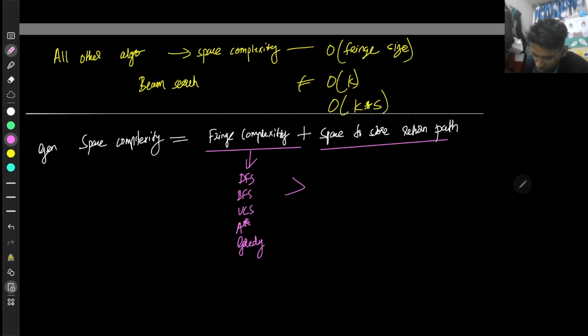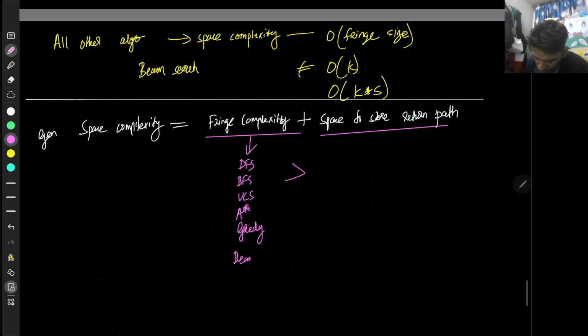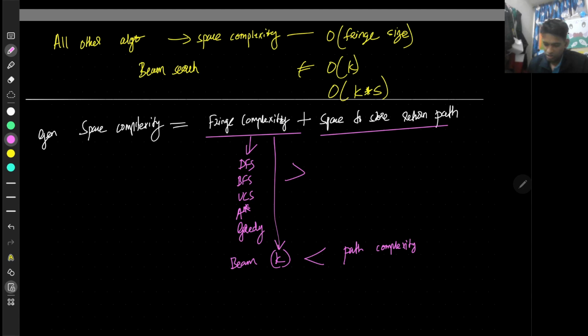But in this particular beam search, what is happening? Fringe complexity is fixed. It is k. So this is actually the other way around. The path complexity is higher than the fringe complexity. So this is the exception. Only in this particular case, space complexity is not equal to fringe complexity.